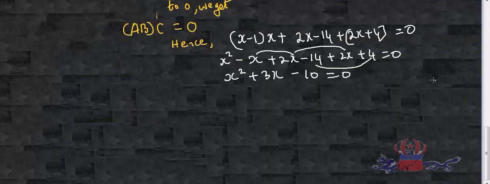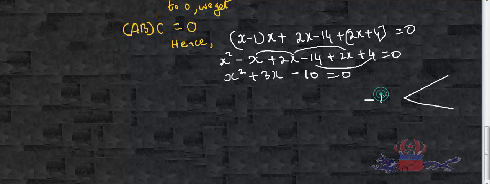Now you can use factorization method. So that would mean you need to get a negative 10 here and a positive 3 would be the output there. So clearly it would be 5 and 2 with a negative sign there. 5 added with negative 2 would give you positive 3. 5 multiplied with negative 2 would give you negative 10.